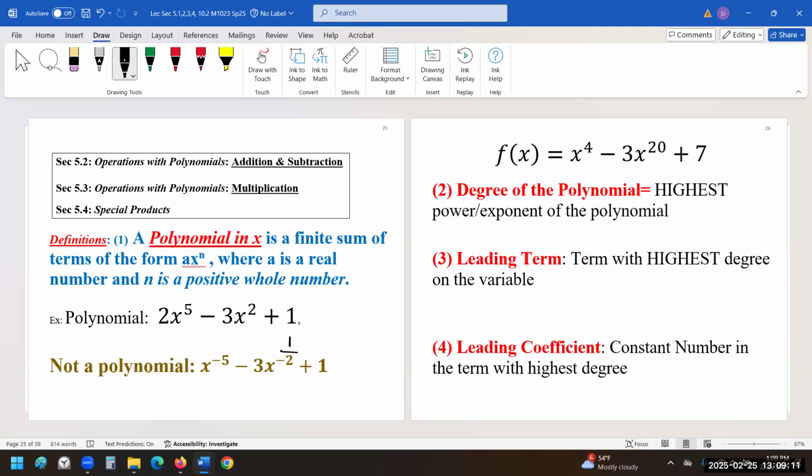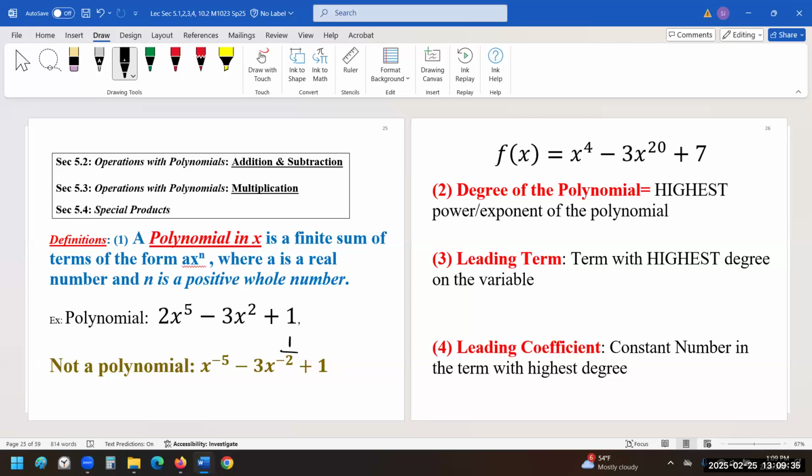Now, in a polynomial, we may have many, many terms. So in order to think about what type of polynomial we have, mathematicians actually invented something cool. They said, well, it doesn't matter how many terms you have in a polynomial, you can ignore everything else except for one term. That one term is the term that has the highest power.